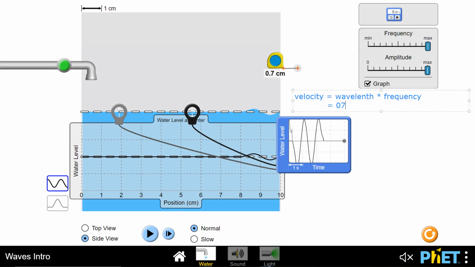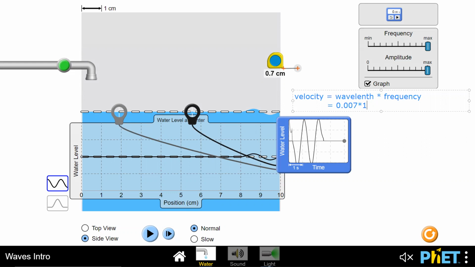It has to be converted into meters, so divided by 100 will give you 0.007 and then multiplied by 1. Because second is in the SI system, you have to be consistent with the system. Okay, 0.007 multiplied by 1 gives you the same number, right?